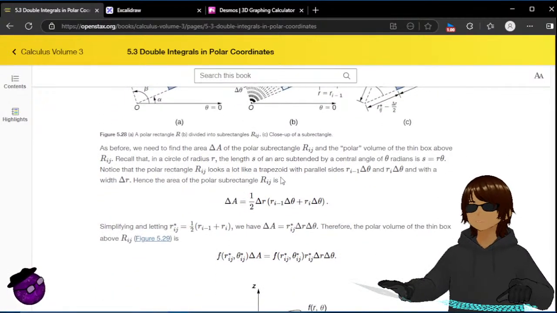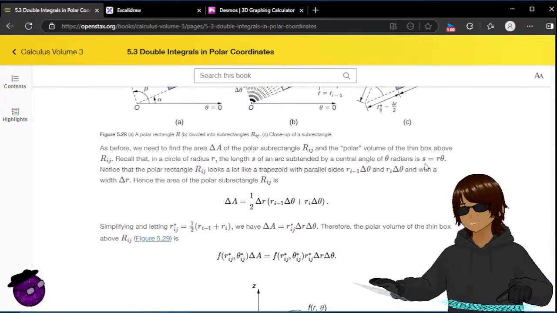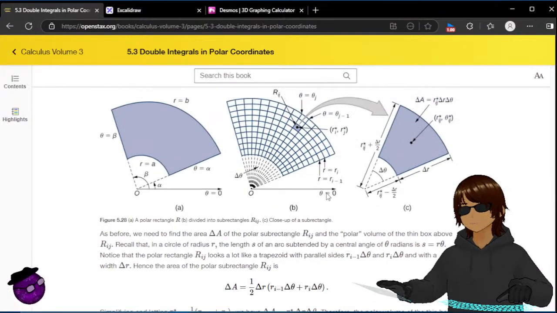As before, we need to find the area delta A of a polar subrectangle, the polar volume of a thin box above Rij. Recall that in a circle of radius r, the length s of an arc subtended by the central angle theta radians is s equals r theta.